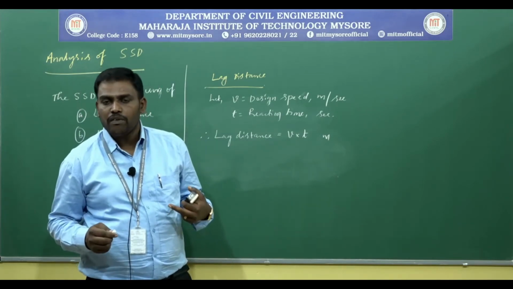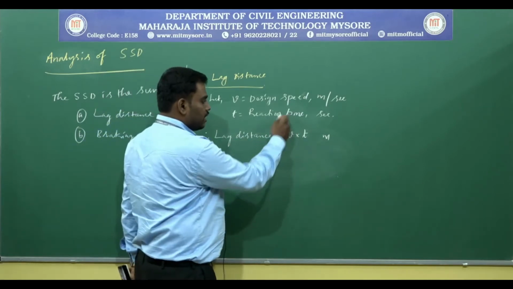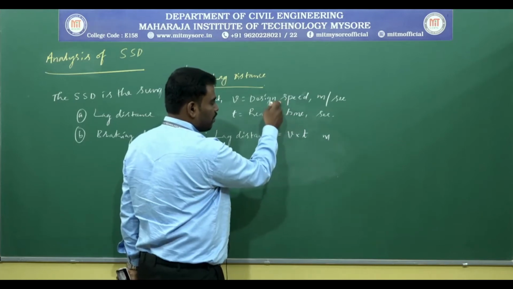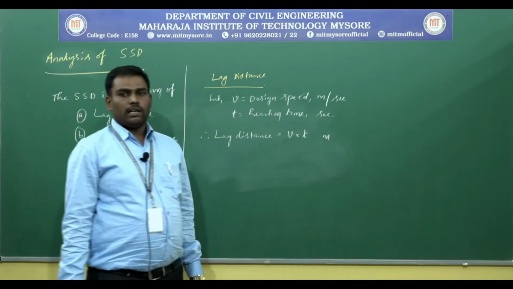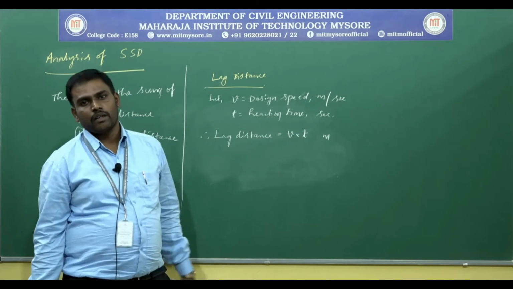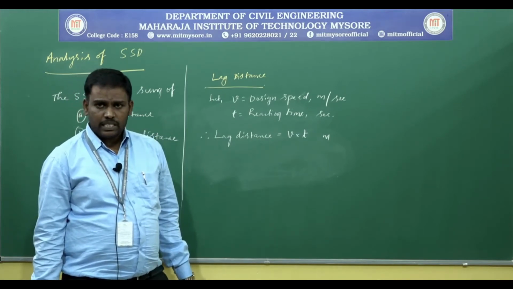The lag distance is the product of the design speed in meter per second and the reaction time in seconds. So the product of v and t will give the lag distance. Is it clear?